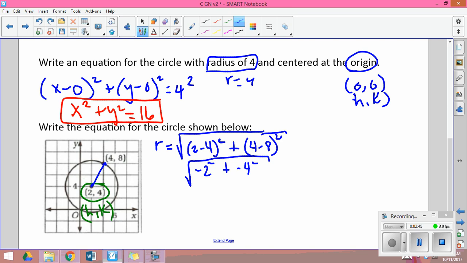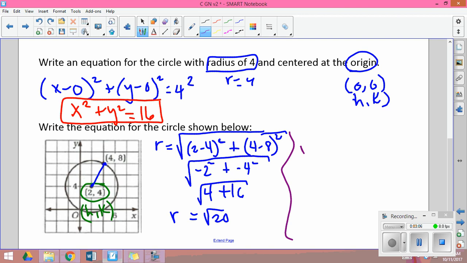Please remember a negative number squared is always, always, always a positive number. So I have 4 plus 16 still under the radical. So I have the square root of 20. You're going to want to leave things as exact radicals, because when I go to write my equation now, I have (x - 2)² + (y - 4)² = (√20)².